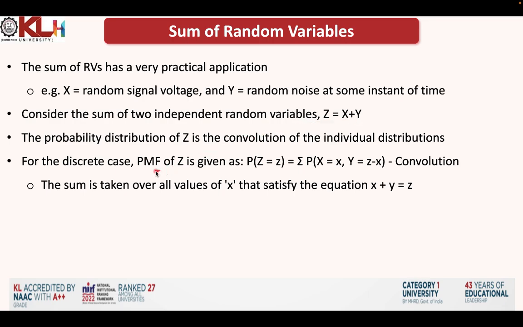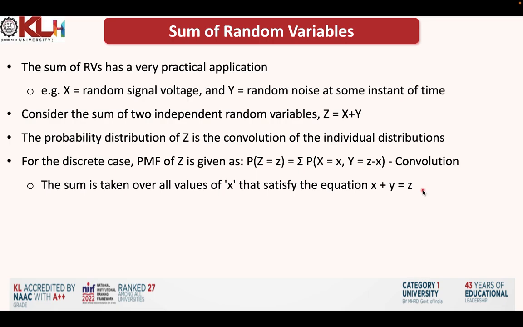For the discrete case, the probability mass function of the sum is given as the sum over all values of x of the joint PMF, the probability that x is equal to x and y is equal to z minus x, because x plus y is z, so y can be written as z minus x, and this sum is called the convolution sum. The sum is taken over all values of x that satisfy the equation x plus y equal to z.